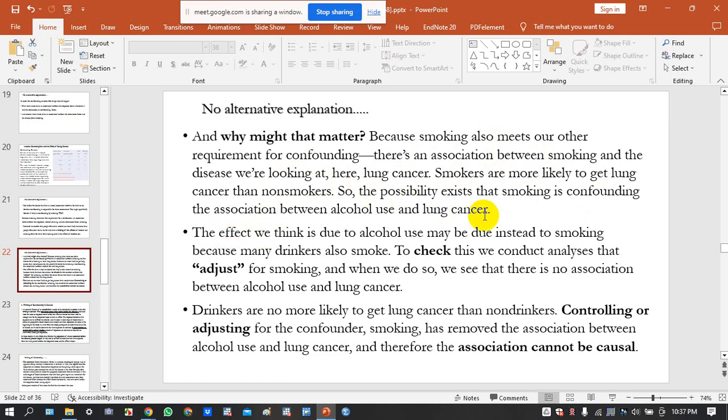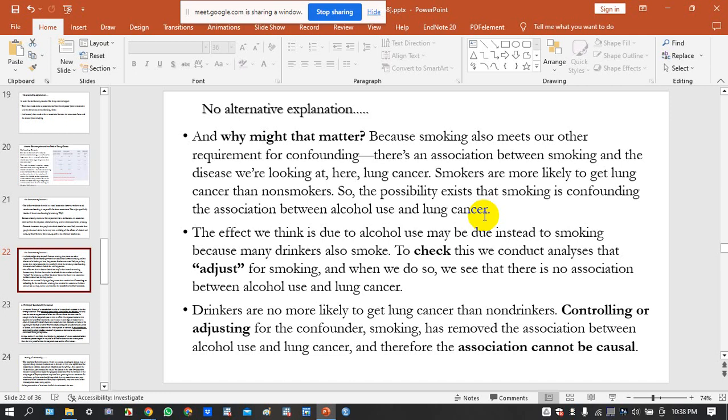So you can realize that if you drink alcohol alone, you will not get lung cancer as long as you don't smoke. But if you add smoking to alcohol drinking, you are highly susceptible to getting lung cancer. So we advise that you stop smoking so that you don't get lung cancer. It's not the alcohol that is giving you the lung cancer, but the smoking.